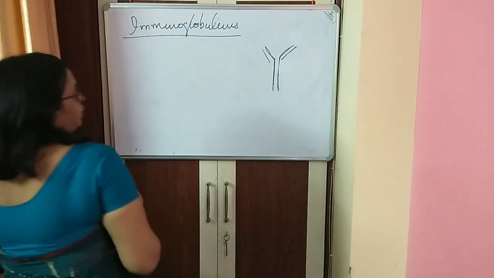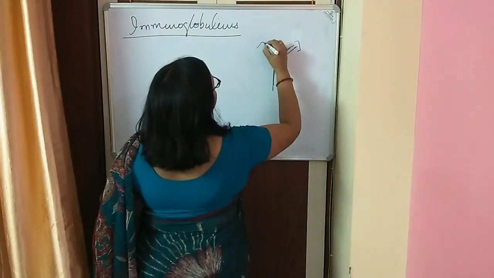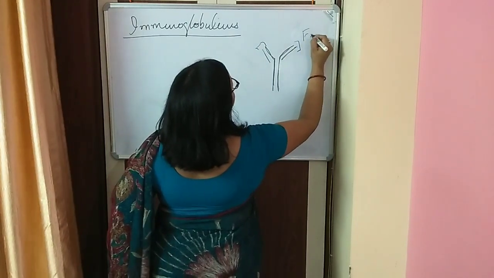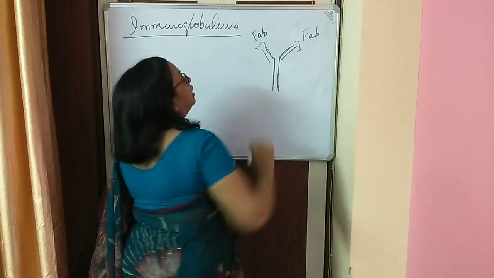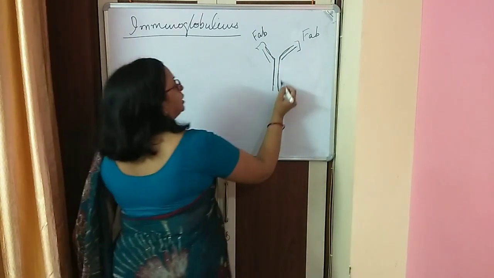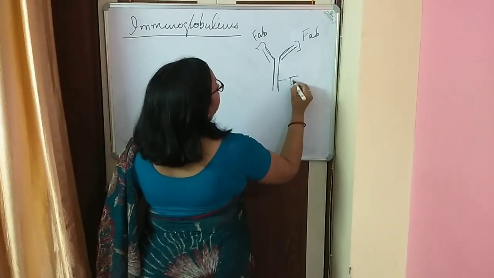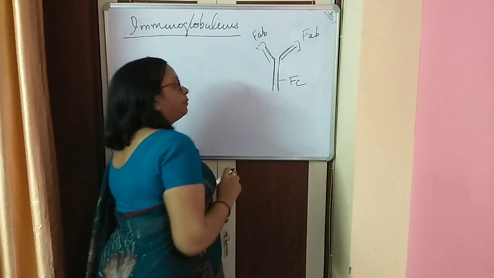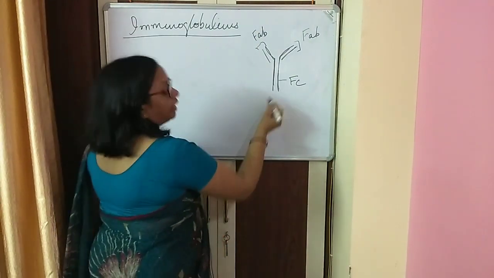This is the Y-shaped structure, and these two are called Fab fragments. Fab means fragment for antigen binding. And the stem of the Y-shaped structure is called Fc, the fragment which is crystallizable.